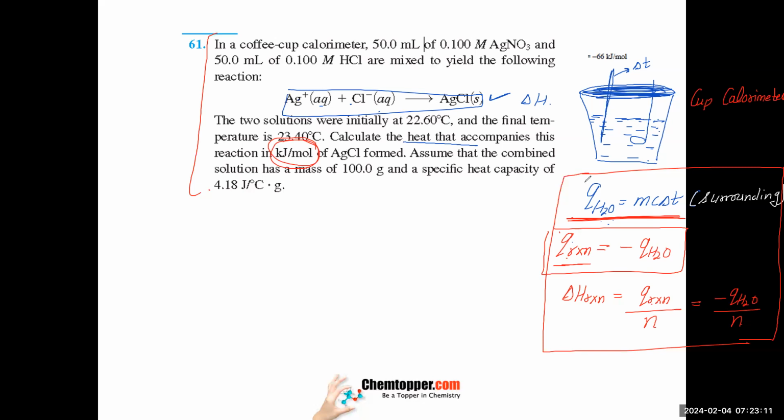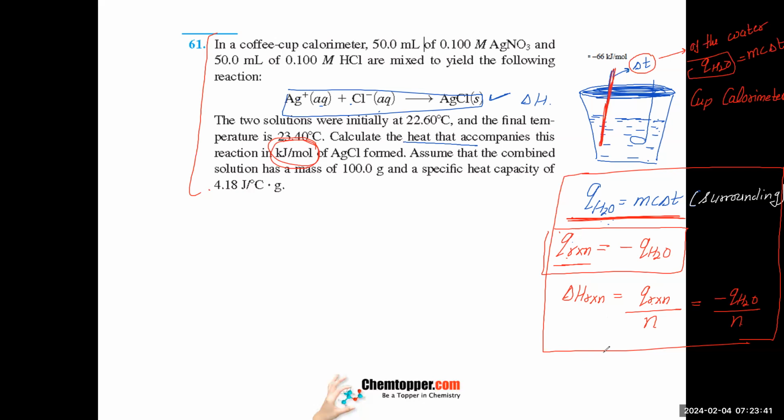You are measuring delta T, of what? The thermometer is dipped in water, so you are measuring delta T of the water. That is the reason you will calculate Q of the water, using m c delta T. That's the information about the cup calorimeter.